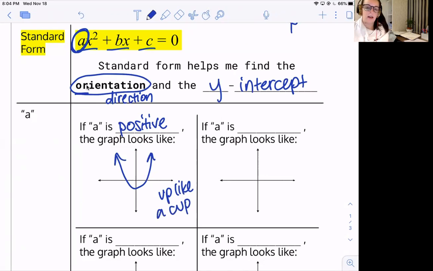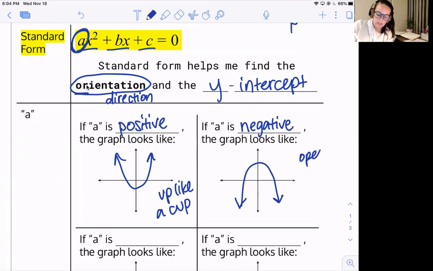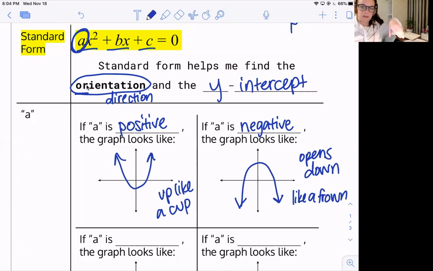And if a is negative, if there's a negative in front, it's going to open down. This is called opens down, and we could say down like a frown. So up like a cup, positive; down like a frown, negative.